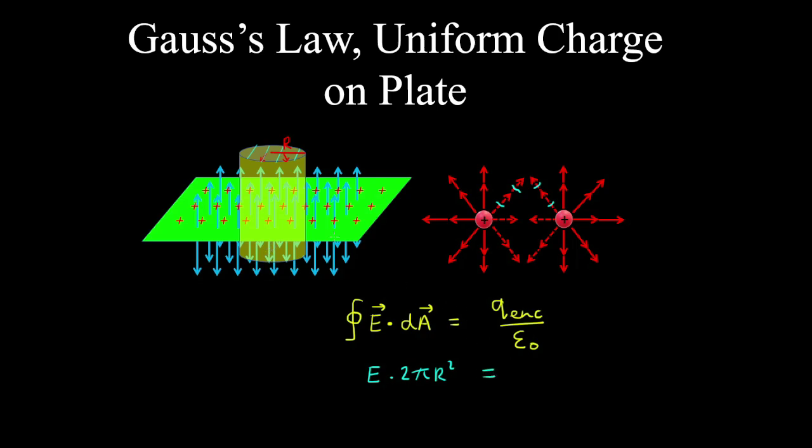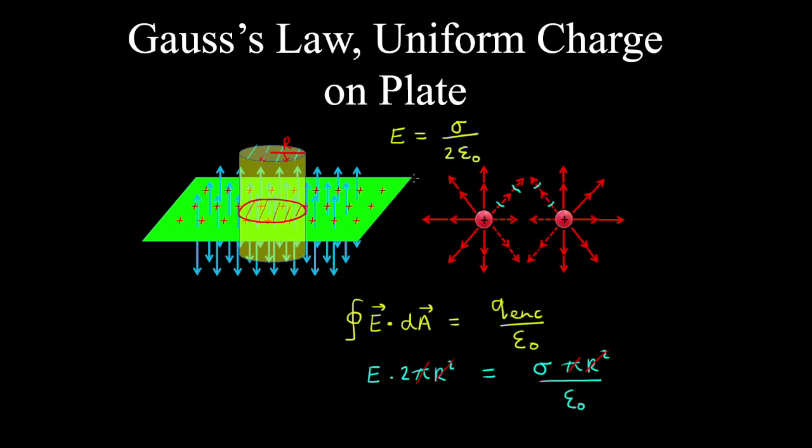That's equal to the enclosed charge, which is the areal charge density multiplied by the cross-sectional area of the cylinder. So the charge is distributed over this area inside our Gaussian surface, which will be pi r squared. Now we can cancel out pi and r squared. So our electric field, due to this uniformly charged plate, is the areal charge density over 2 times the permittivity of free space.